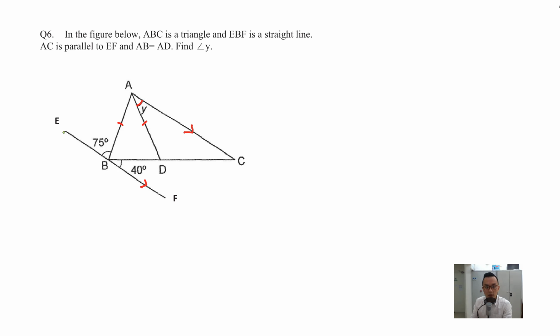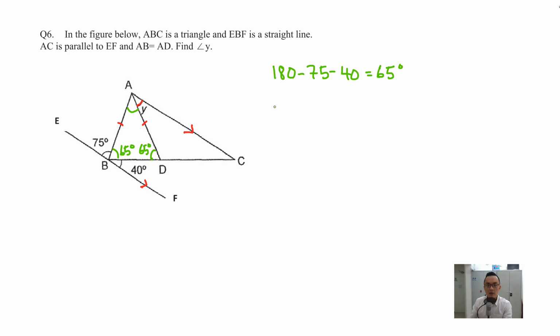If I take the straight line EBF, I can find this angle by taking 180 minus 75 minus 40 equals 65 degrees. And I know that they are equal because they are isosceles, so this is also 65 degrees.